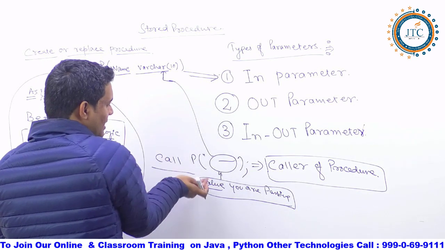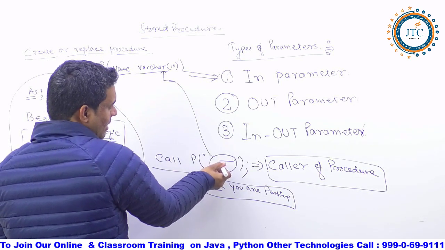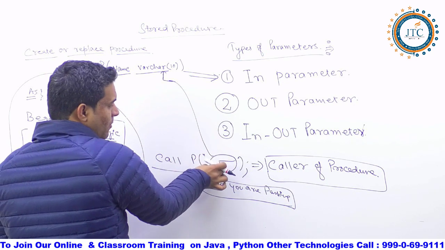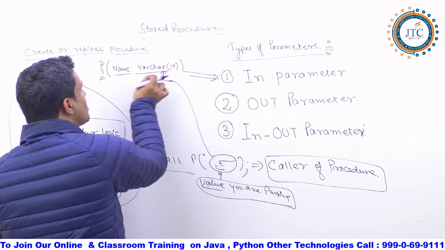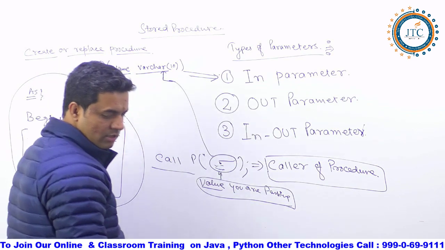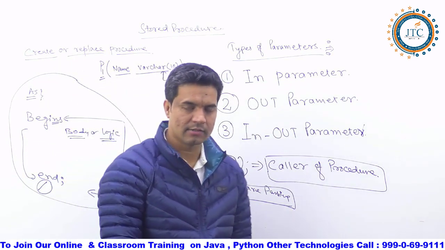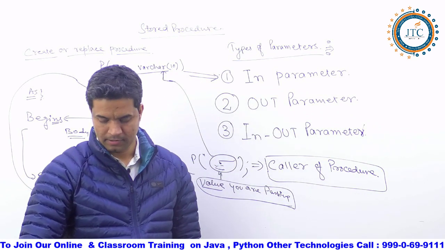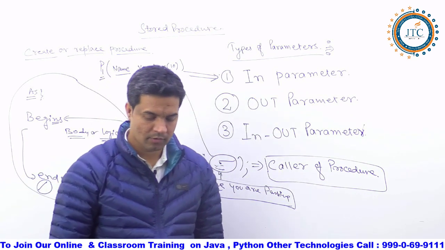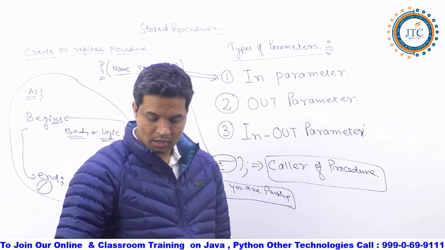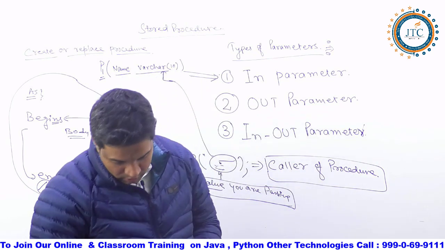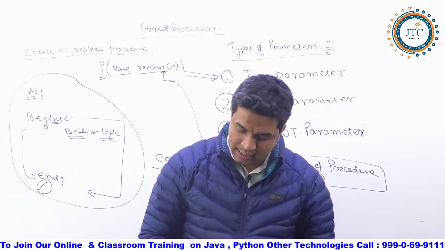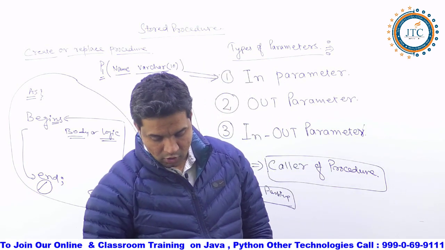So the in parameter will carry this data, whatever value you provide here, from here to the procedure. This is what it is going to do in this case, guys. Is that clear to all of you or not? Is it fine now? Okay. Have a look at these things here.